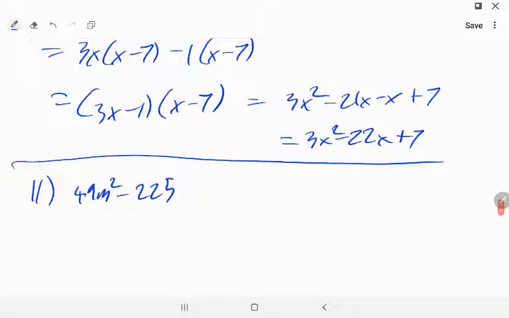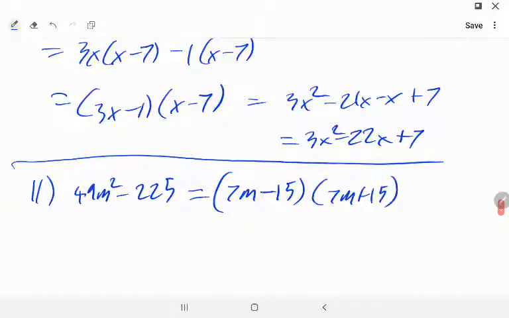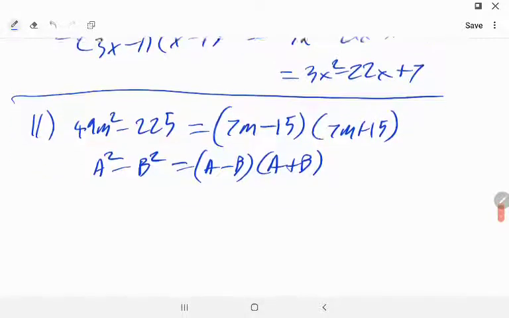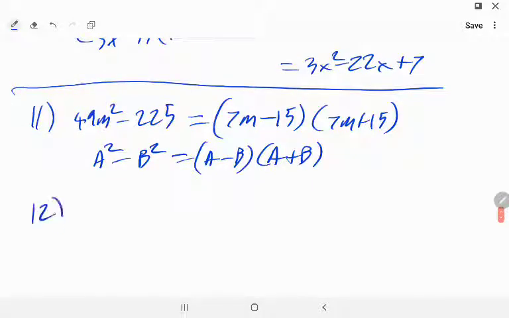We check the square root of 225, and it turns out to be 15. And so we know we're going to get a nice, neat quantity 7m minus 15 times the quantity 7m plus 15, because we know a squared minus b squared is always going to be the quantity a minus b times the quantity a plus b.